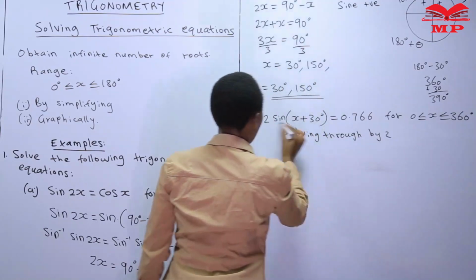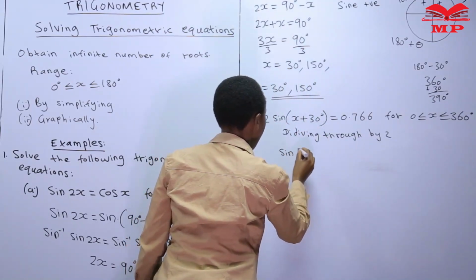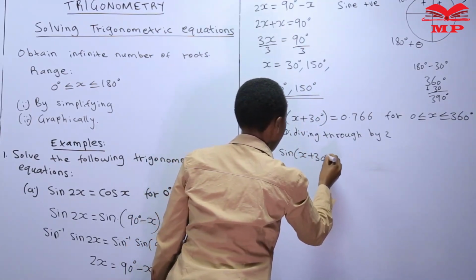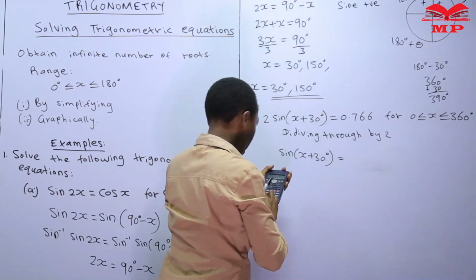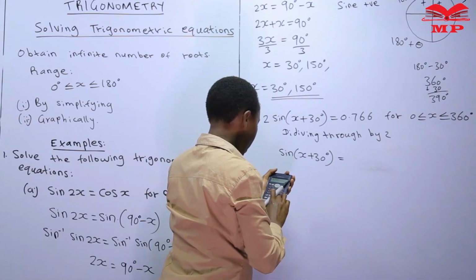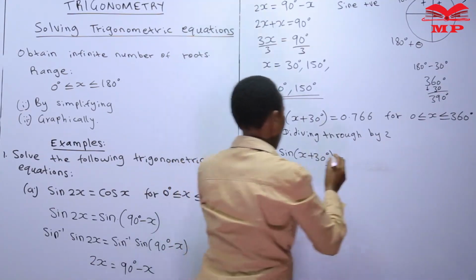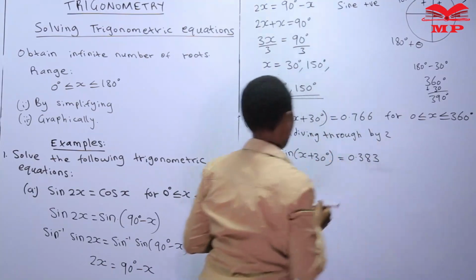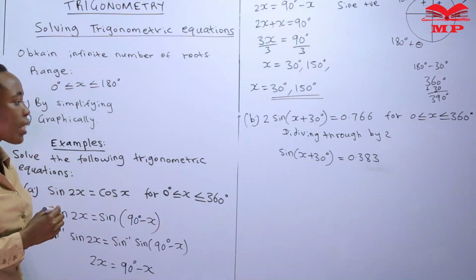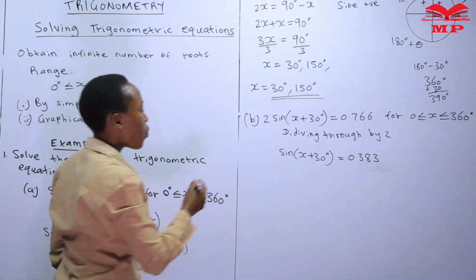When we divide this, we get sine (x plus 30 degrees). Then we divide 0.766 by 2, and we get 0.383. After that, we get the sine inverse on both sides.